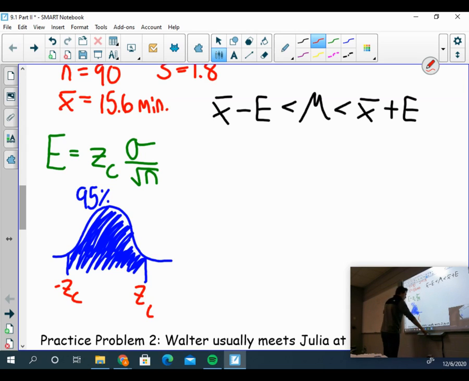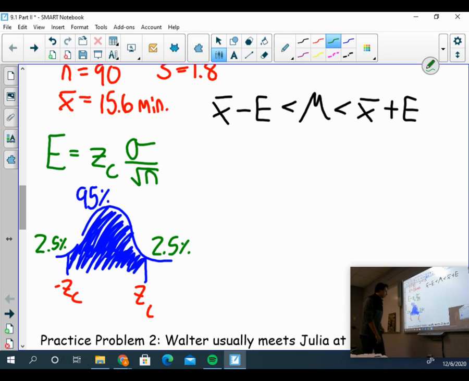Well, that means that 5% of our data is split between the two tails. So 2.5% will go to each tail. If 95% is the shaded region, then 5% is the non-shaded region, and that's on either side, so 2.5% on each side.